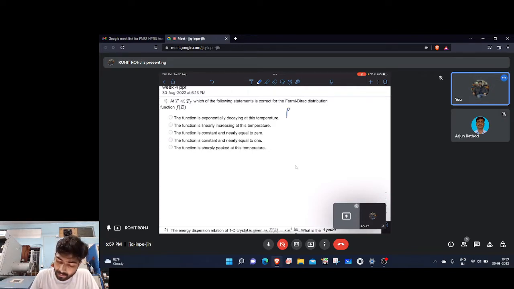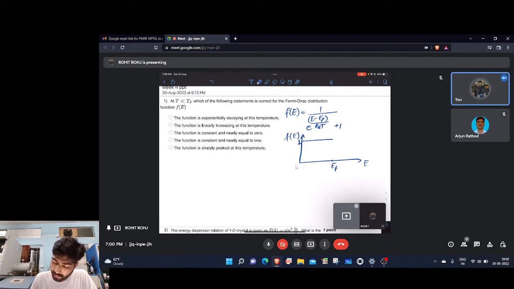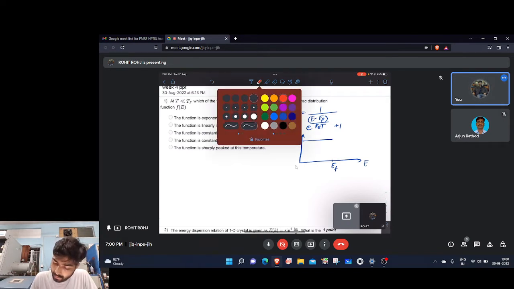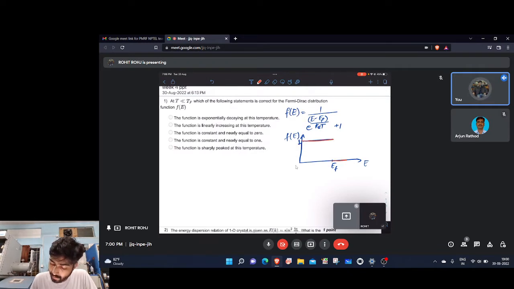Now if I write the Fermi-Dirac distribution function, it gives me this, and the pictorial representation of this function with respect to energy would be a function whose value is 1 for energies below a certain energy, say the Fermi energy, and then the value is 0.